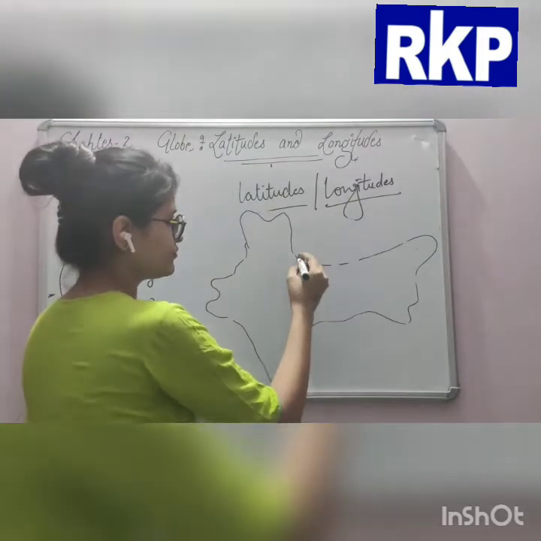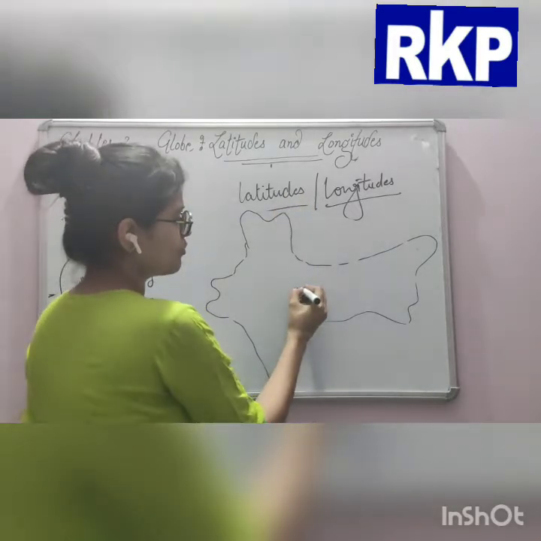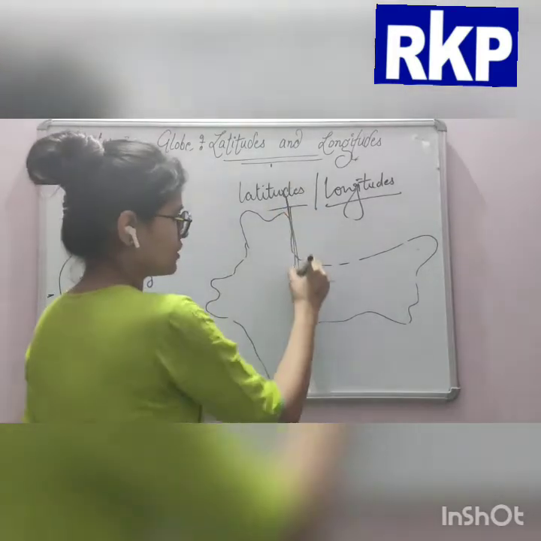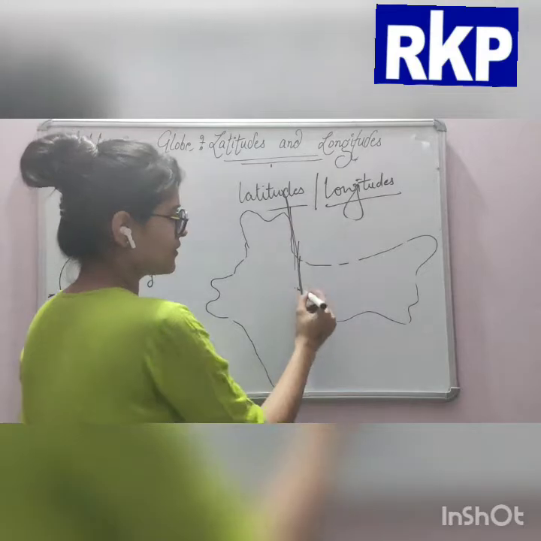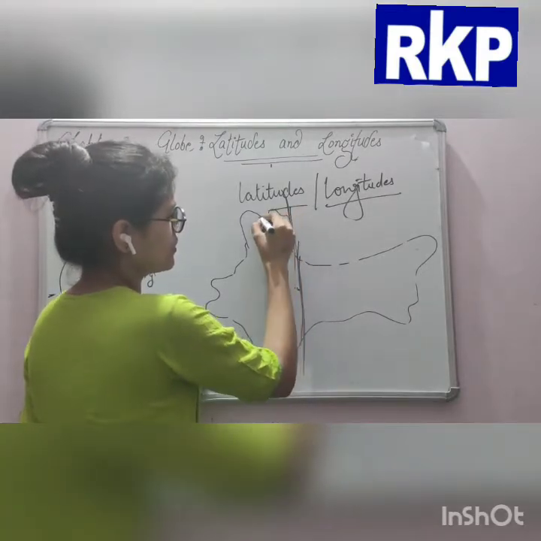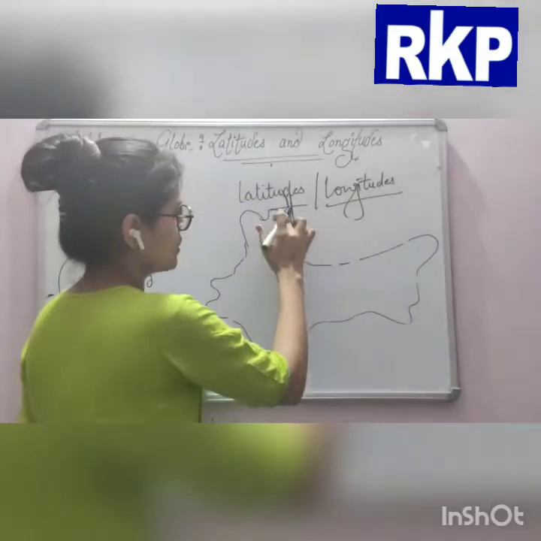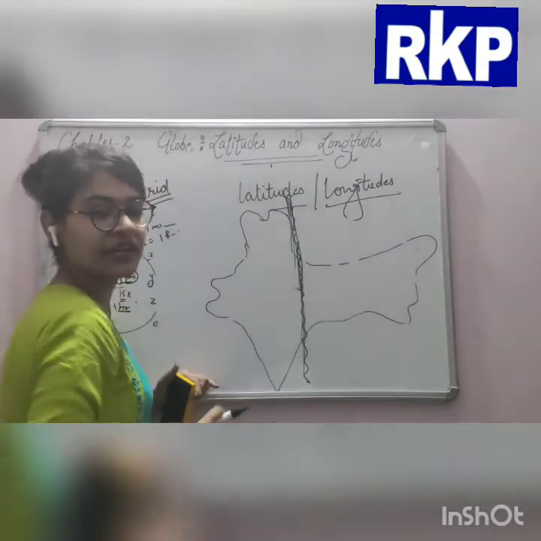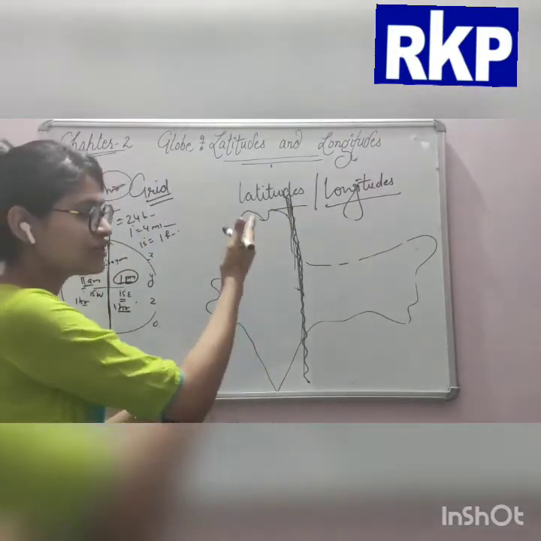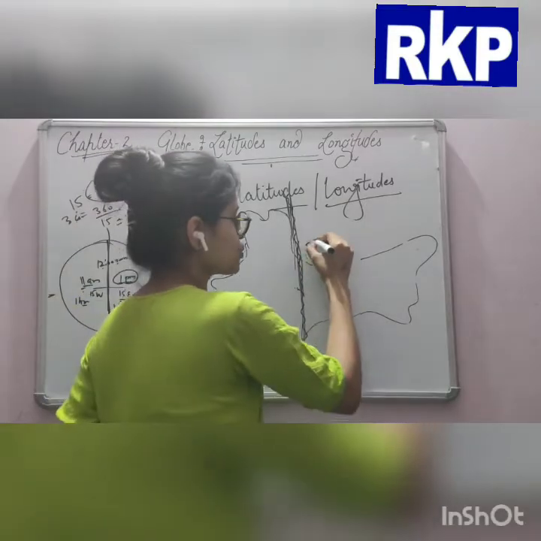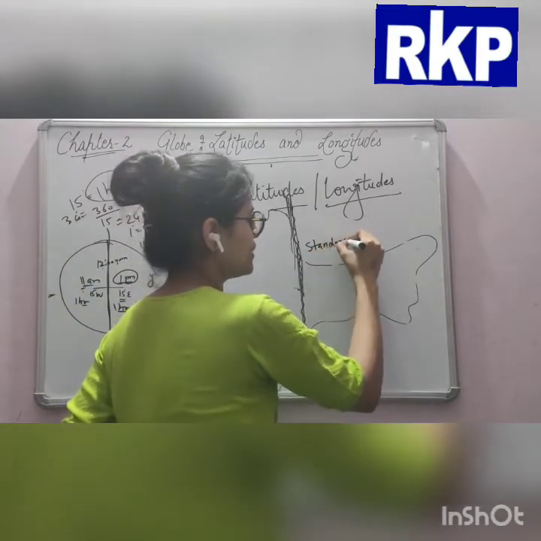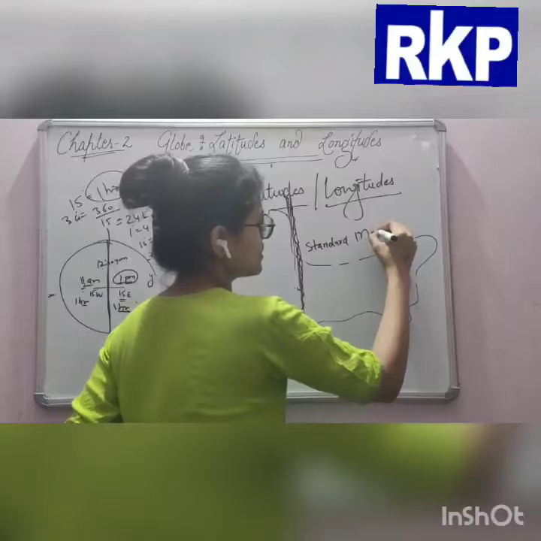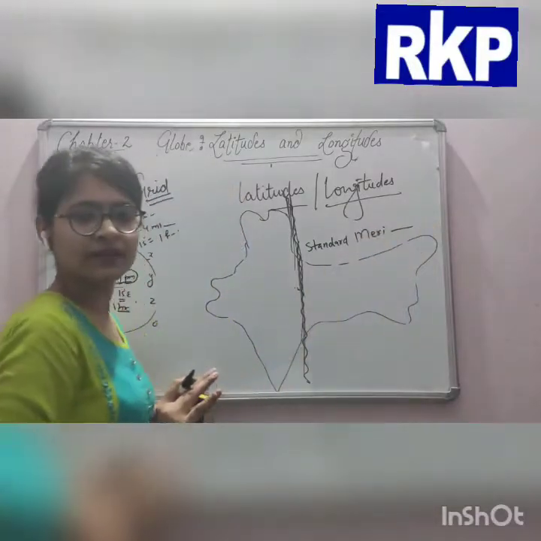From here, from Madhya Pradesh, there is a line, a standard meridian. It is a meridian that passes through our country, and that is called the standard meridian. Clear?